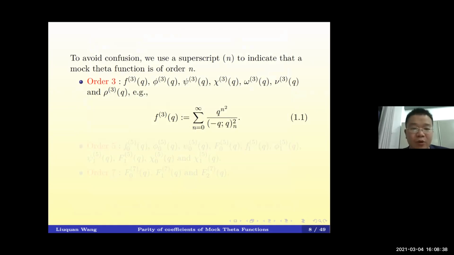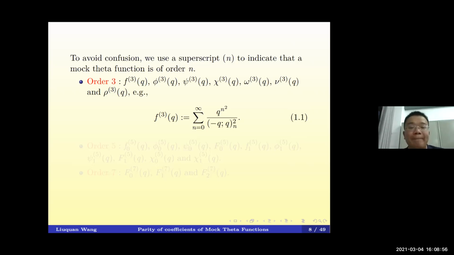Because there are so many mock theta functions, and besides the last letter there are also some mock theta functions found in Ramanujan's lost notebook, to avoid confusion I prefer to use a superscript n to indicate that a mock theta function is of order n.